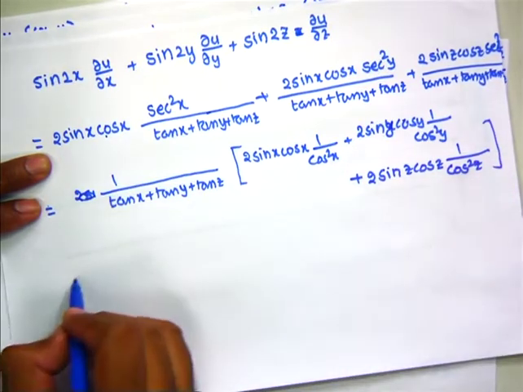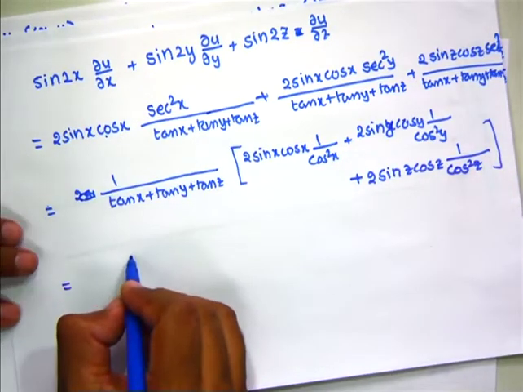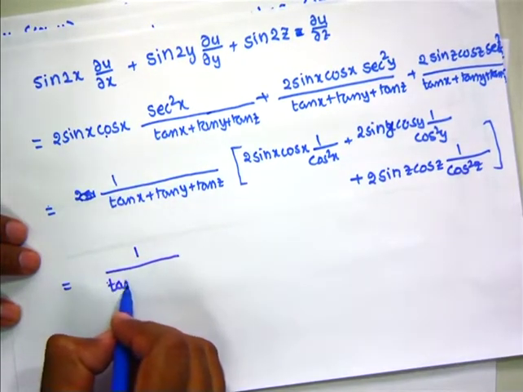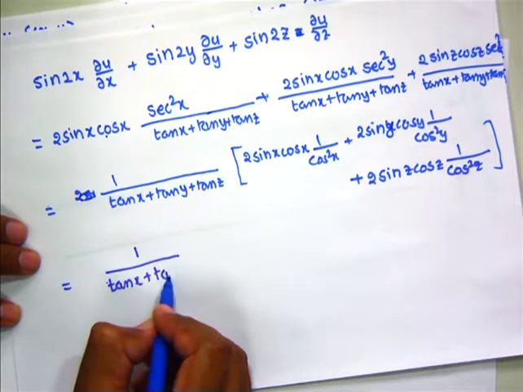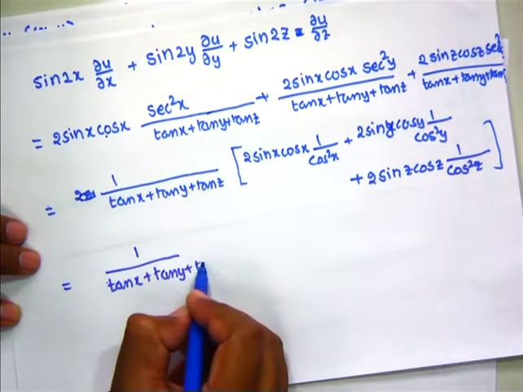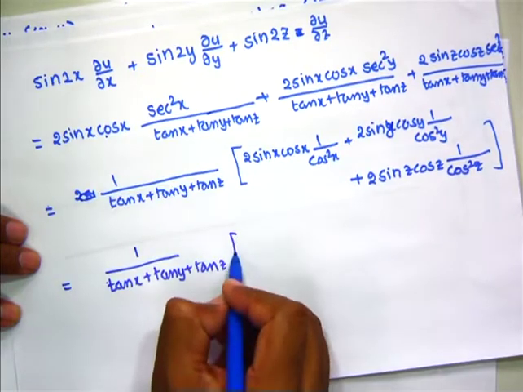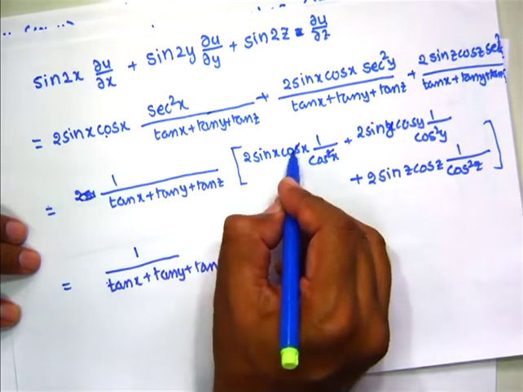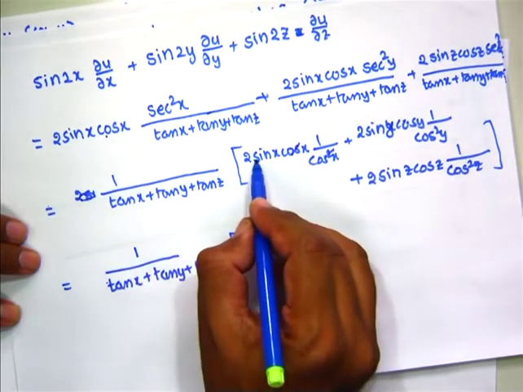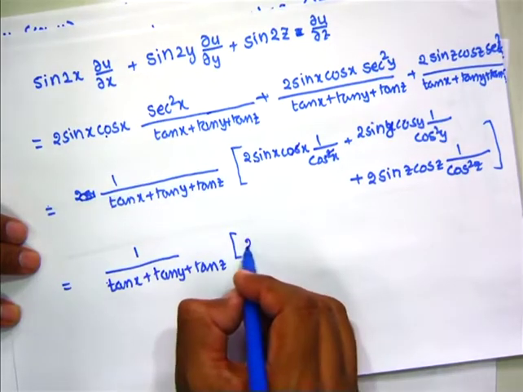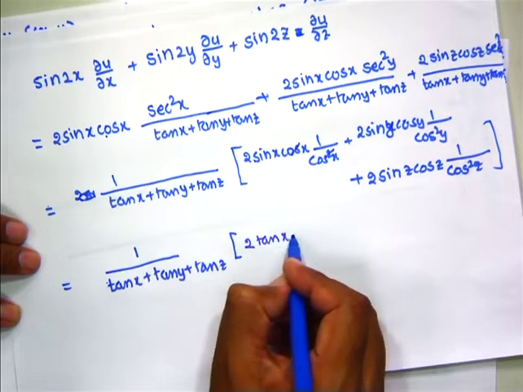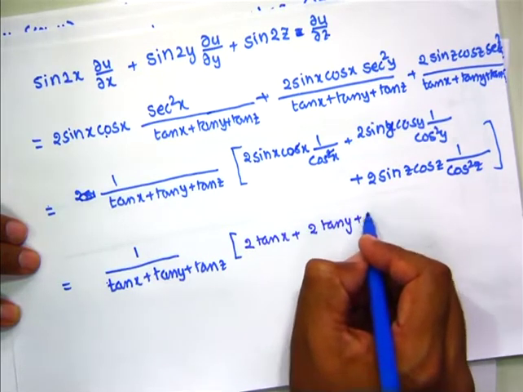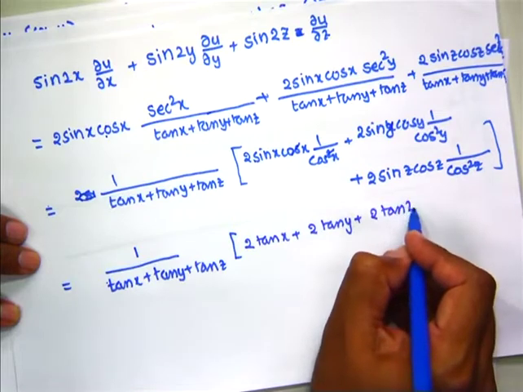So we get 1 upon tan x plus tan y plus tan z multiplied by, the cos square is cancelled with this cos, so we get 1 upon cos, and sin x upon cos x is tan x, so 2 tan x plus 2 tan y plus 2 tan z.